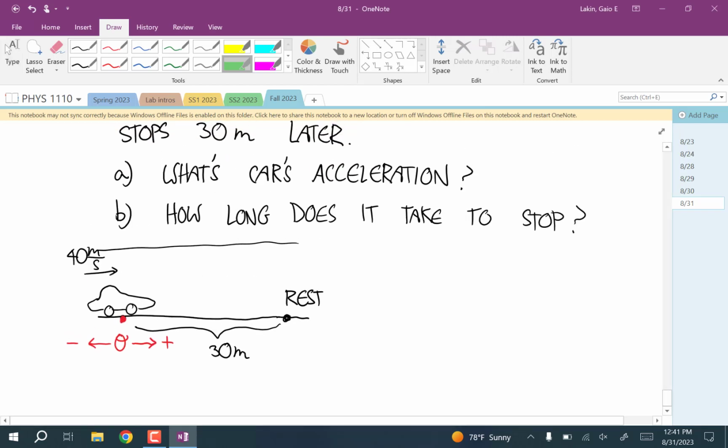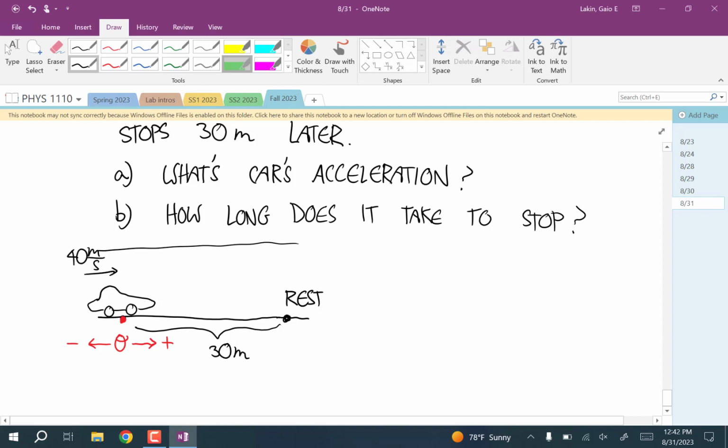Okay, so what are the instants where we have information? At the instant that you hit the brakes, we know the speed and the direction, so we know the velocity. And when it stops, we know the velocity is 0 because it's at rest, and we know that it's traveled 30 meters.